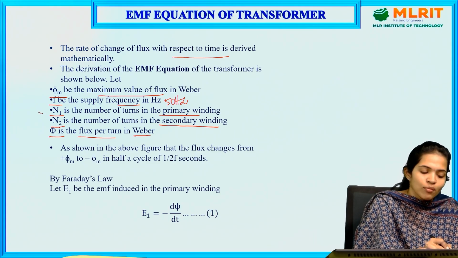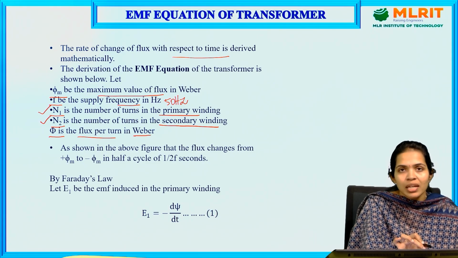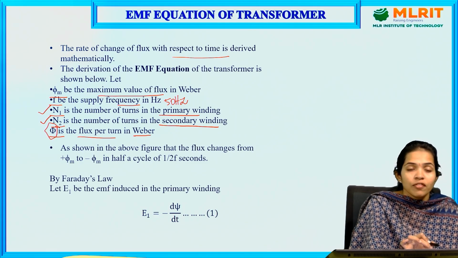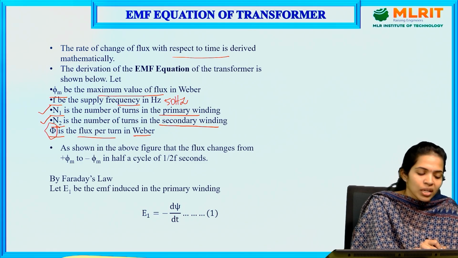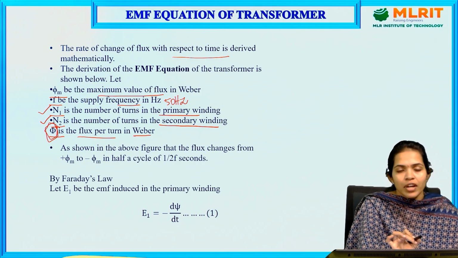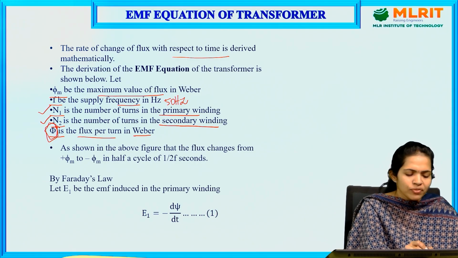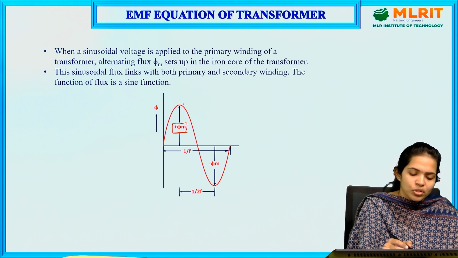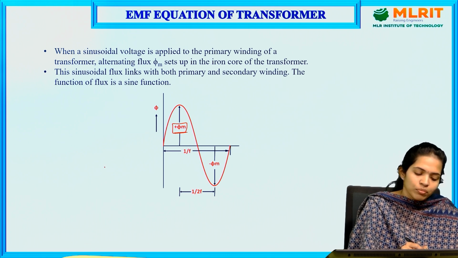As we have N1 and N2 turns in the primary and secondary winding of the transformer, let us consider the flux per one turn as phi. So as shown in the figure, we have seen that flux changes from positive phi m to negative phi m.